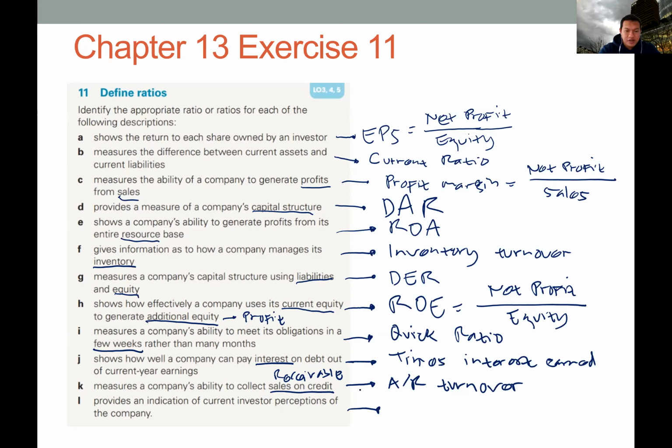So we have discussed that the current investor perceptions will be captured in the price, right? So this ratio should use the share price, which is the price earning ratio. So the price divided by the earning per share.